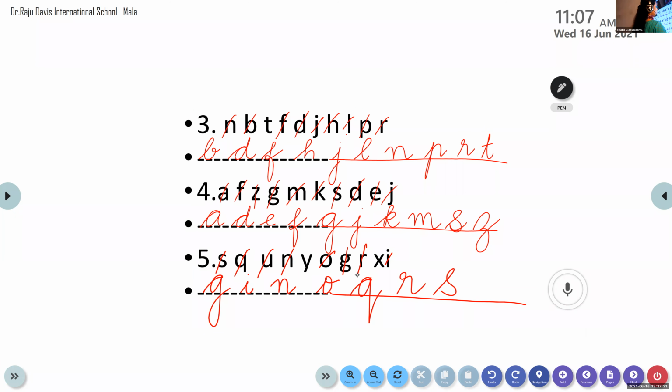After U, which is the next letter? U, V, W. No, U, V, W. Two letters are missing there. Which are the two letters here? X. Yes, X. Then after X, it is? Y. Very good.